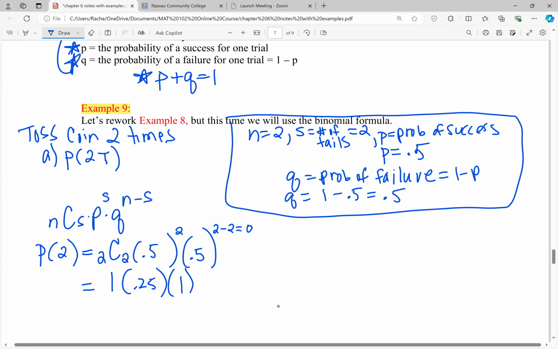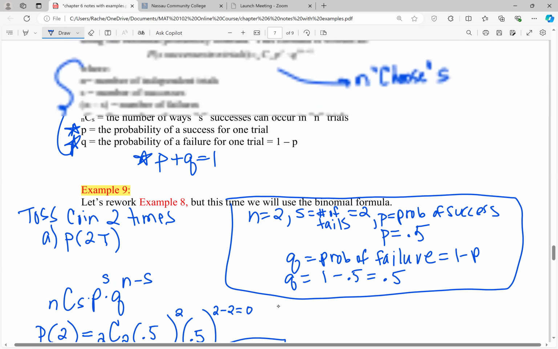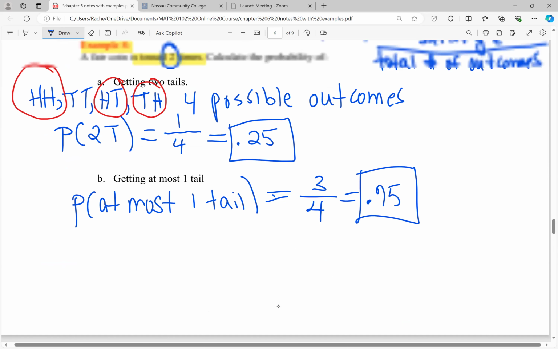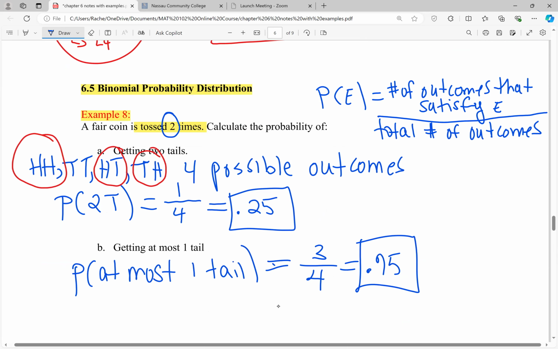So that's really 1 times 0.25 times 1, which is 0.25. So the probability of getting 2 tails is 0.25. And that's the same exact answer that we got when we did it by drawing out the 4 possible outcomes, right? The probability of 2 tails was 1/4 or 0.25.